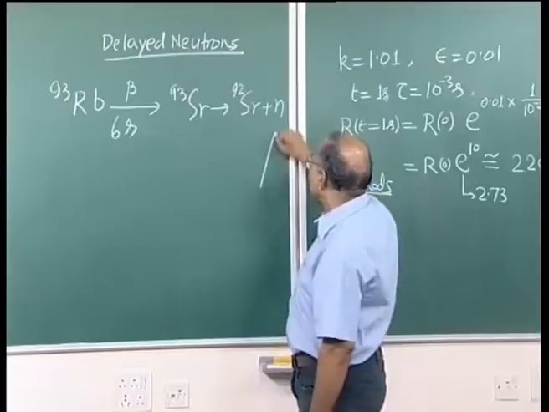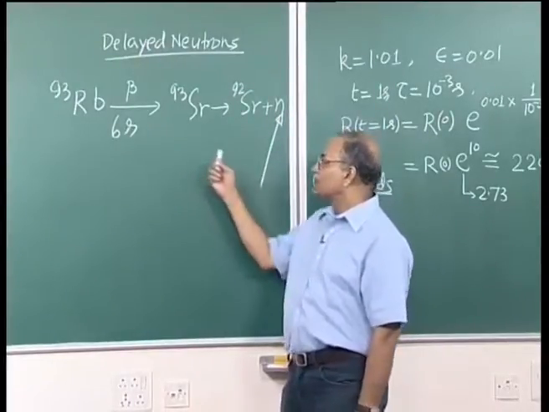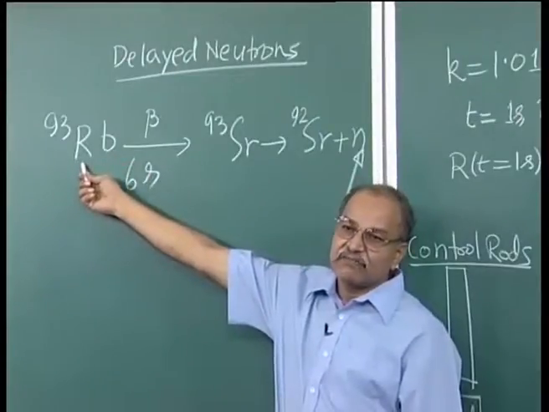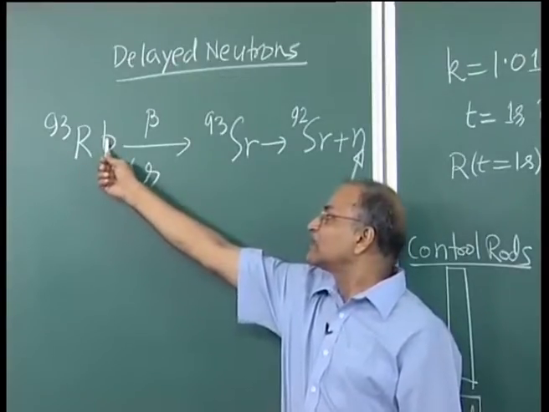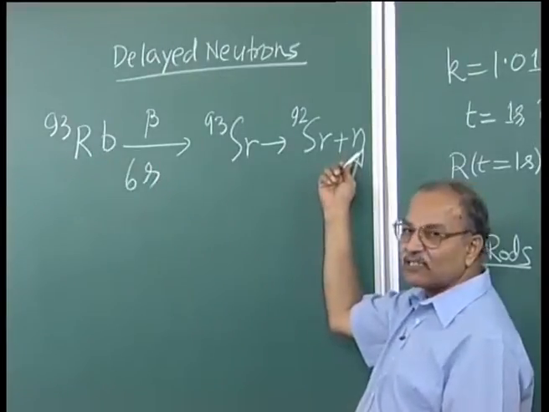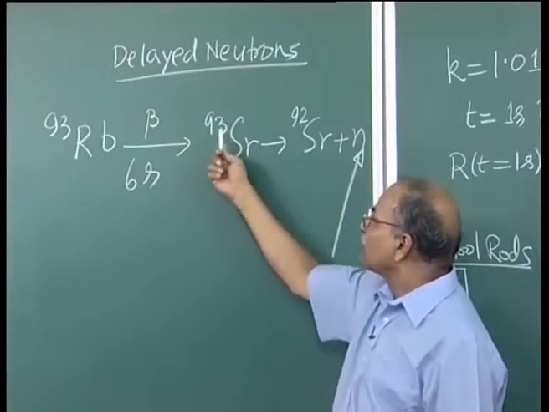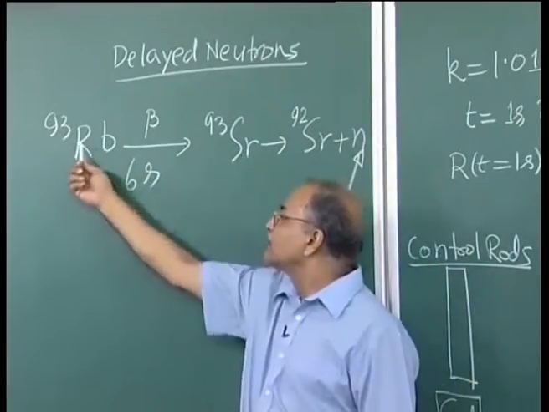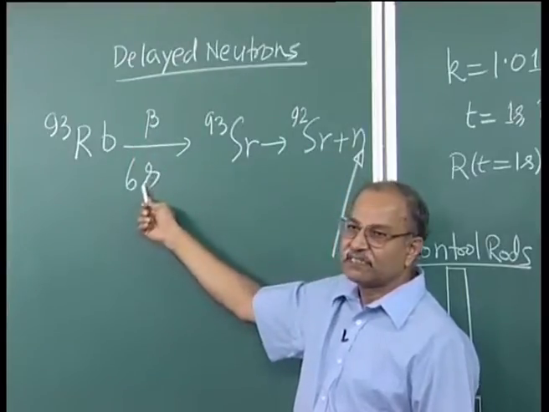Now, this neutron has come, on average, 6 seconds later than the main fission event which created this fission fragment. So, this neutron has to wait, because it will come from strontium-93, and strontium-93 will be created from rubidium-93 through this beta decay process, which has a half life of 6 seconds.